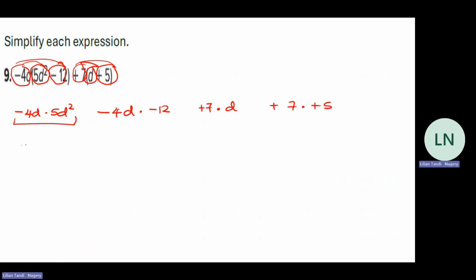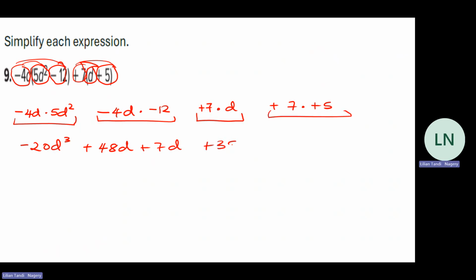This becomes negative 20D to the third power. This becomes positive 48D. This becomes positive 7D. And this becomes positive 35.